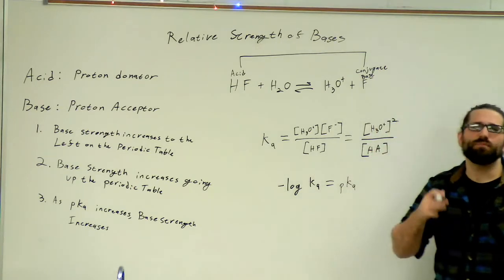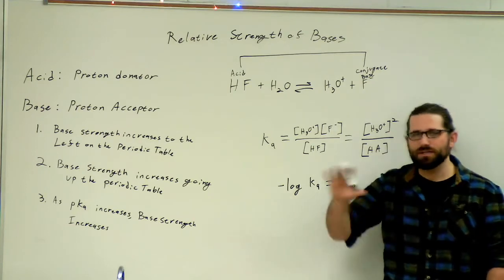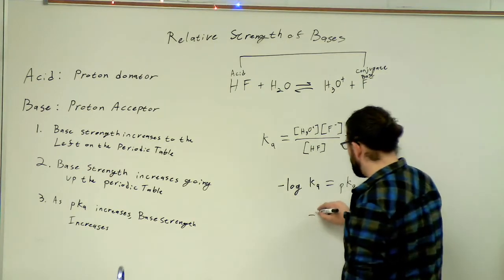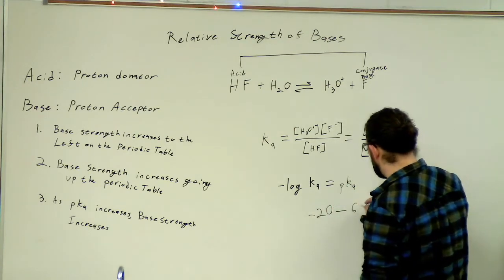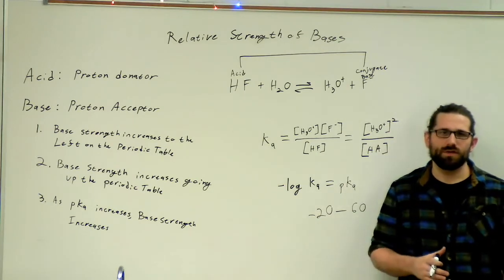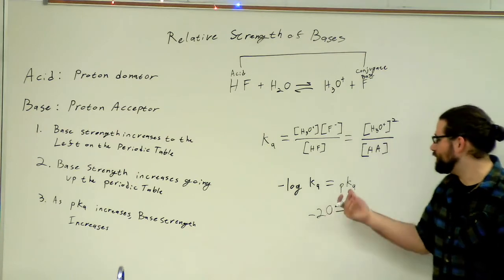So that's where we get this pKa from. The pKa is not going to be an exponent. We're going to have a number on the order of negative 20 up to around 60. That's going to be the range of pKa values. That's a lot easier to compare and contrast. That's why we do this.